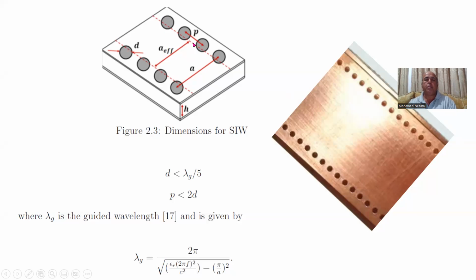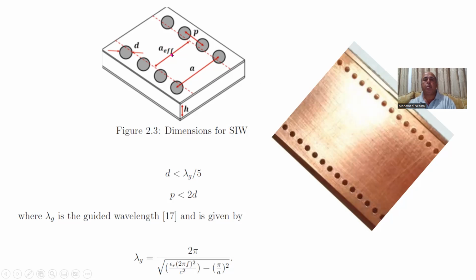You make vias on both sides, and these dimensions in here are the center to center distance, which is A in this case, then the center to center via placement P, and then the diameter of the via.